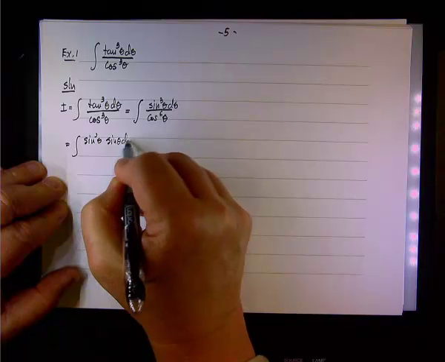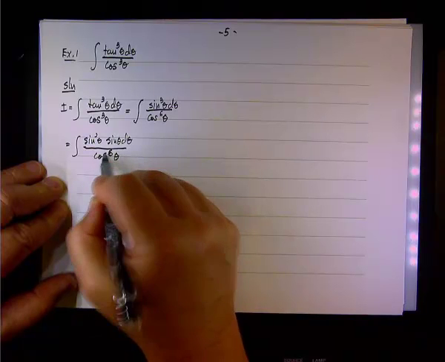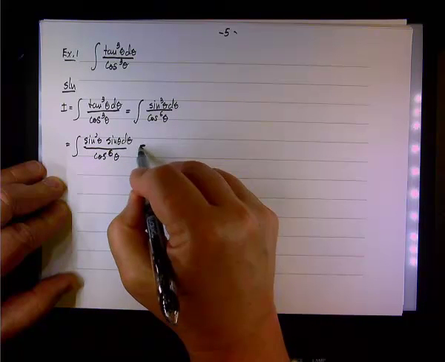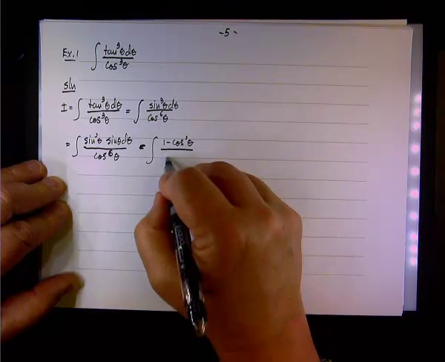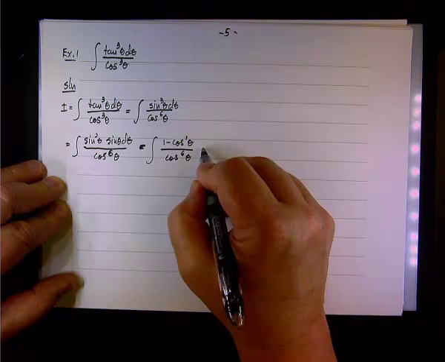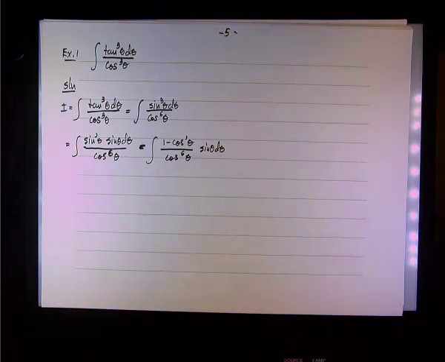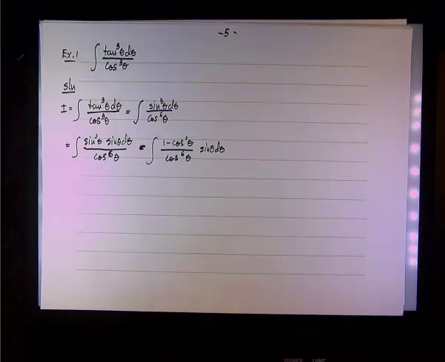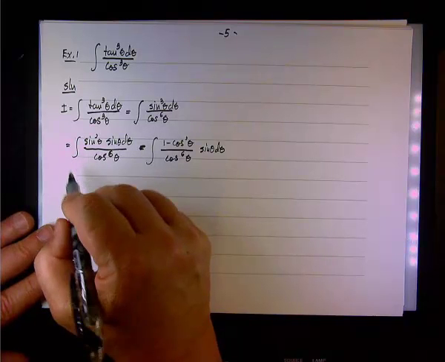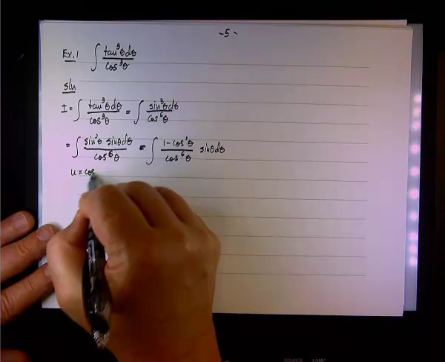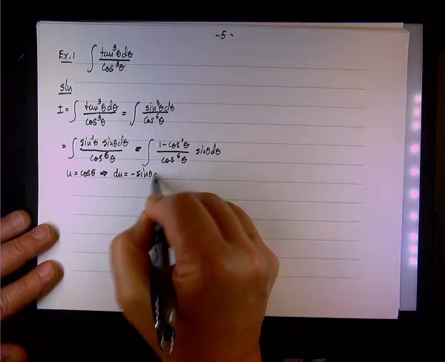And now, since we have an odd power of sine, we can break it down into the integral of sine squared times sine theta d theta over cosine to the 6.